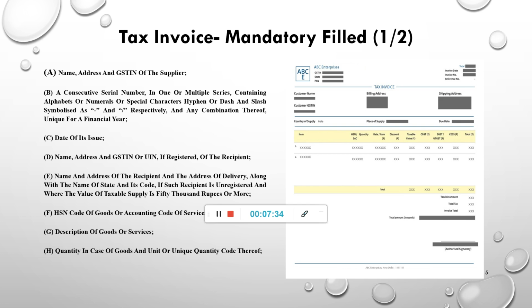Content of invoice. There is no prescribed format for an invoice. However, invoice rules make it mandatory for an invoice to have the following fields.